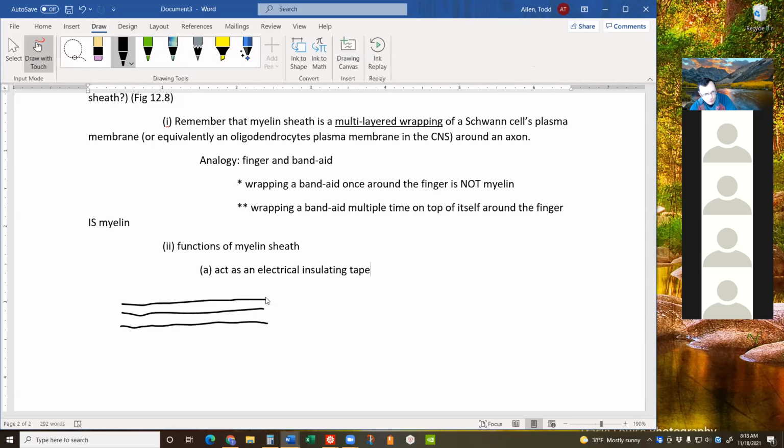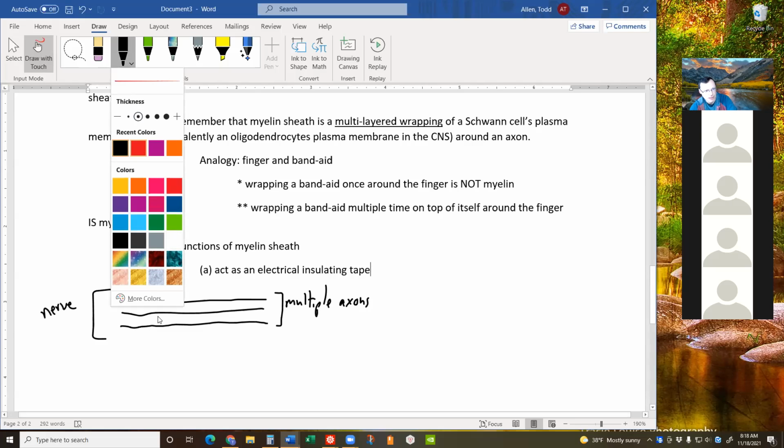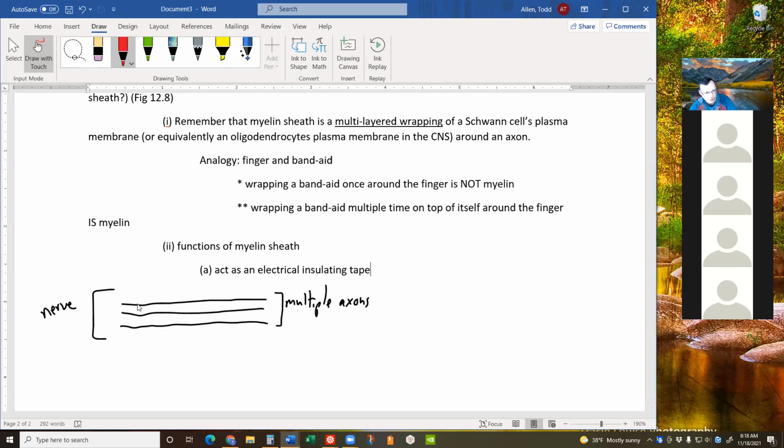Okay, and so they would be stacked inside a nerve. So these are multiple axons, right? And so the idea here is that an axon is going to be propagating an electrical signal. So I'll just indicate that with this little red thing here.